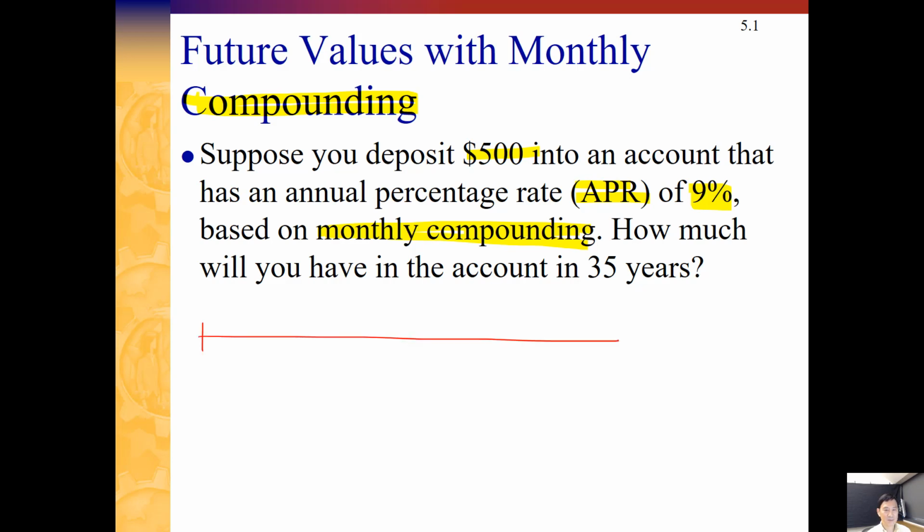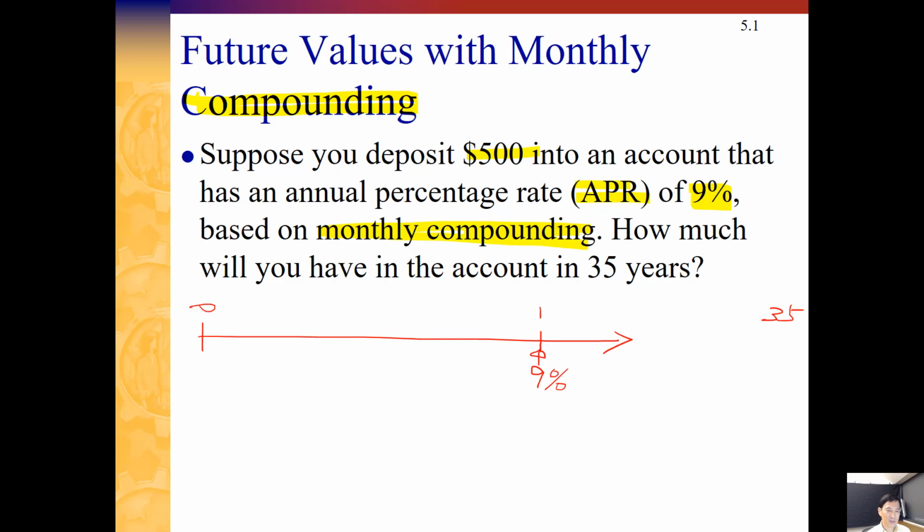Let's think about 1 year from 0 to 1, and it goes up to 35 years. And usually annual compounding means it pays 9% at the end of the year.